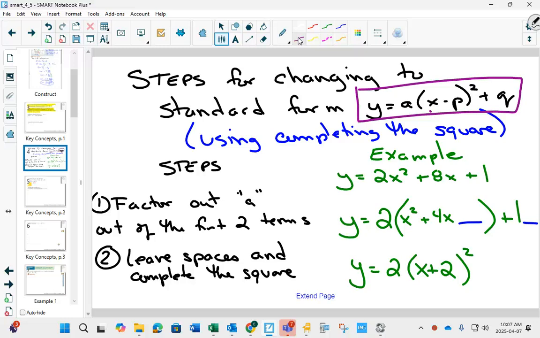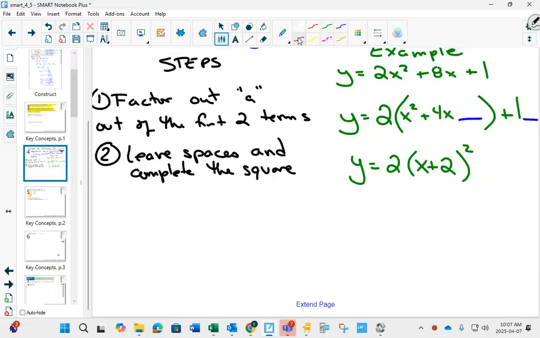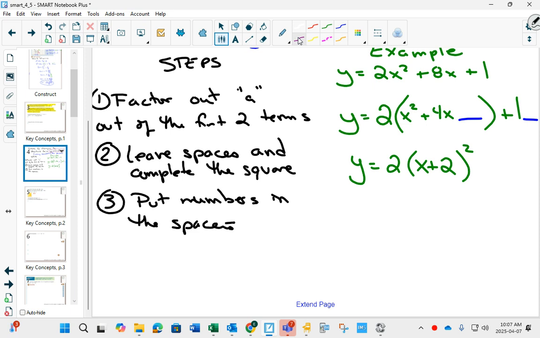Okay, so I guess step 3. Put numbers in the spaces. And I'm going to put in brackets here, don't forget to distribute.